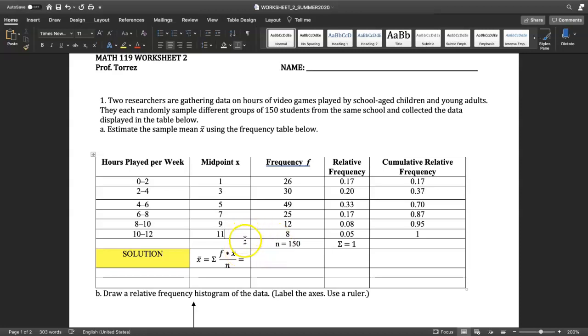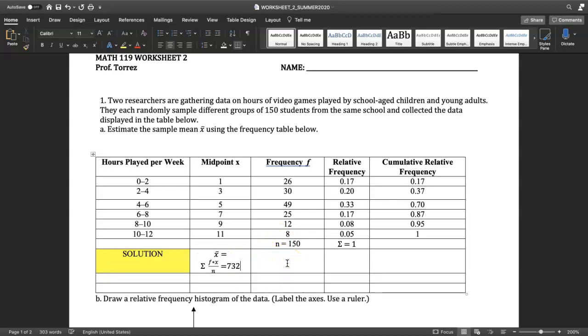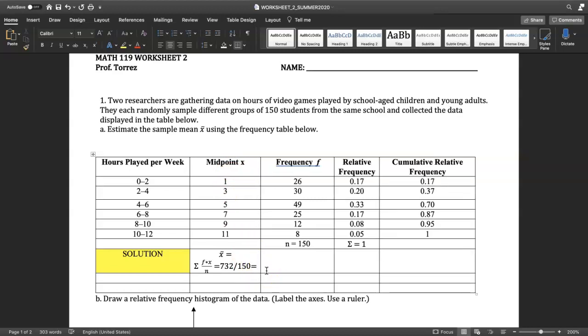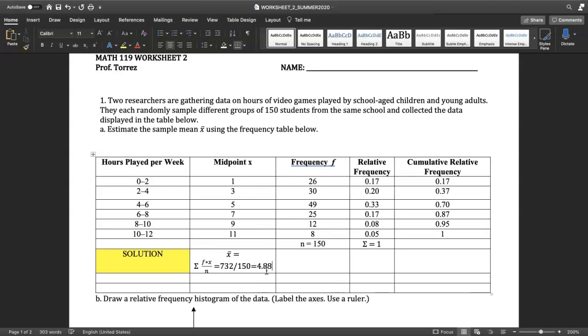Okay? Now, in your worksheet, I've worked this all out for you, where I took the products and added them up, and I'll just give you the answer here. It was 732 divided by 150. So the sum of these products, f times x, is 732, okay? And then I divide by n, 150, and we can round that to 2 places and get 4.88.